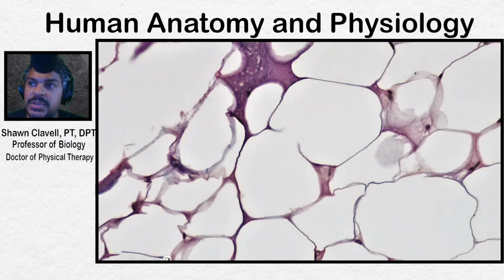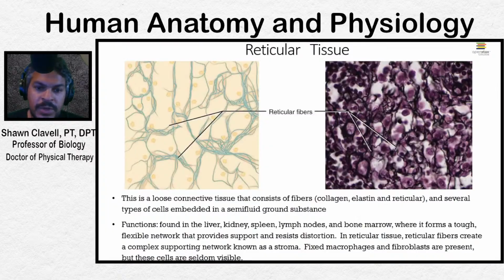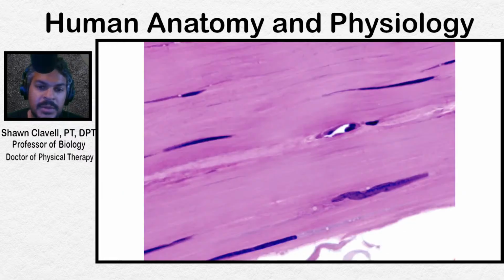Adipose connective tissue, that's ultimately an empty lipid droplet with a nucleus on the outside. Reticular tissue, dense regular, so dense regular has the collagen fibers in a parallel pattern.